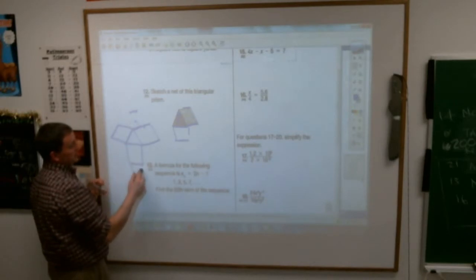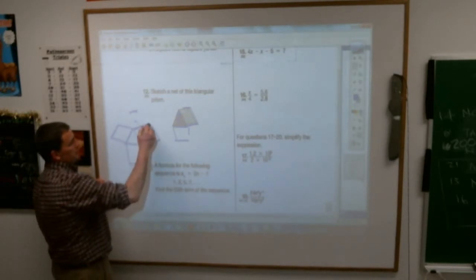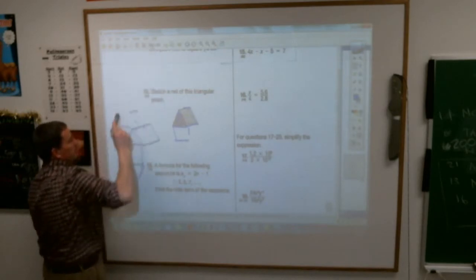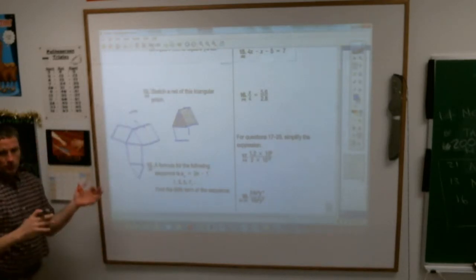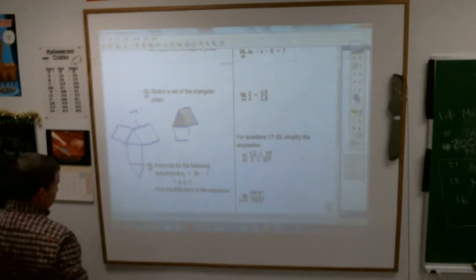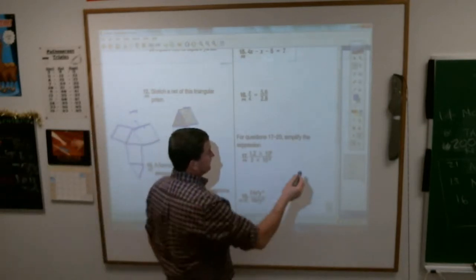You could connect it here and it looks like this, connect it here and it looks like this, but you can only do it once, so take your pick. But if you fold it on all those lines, you're going to get that triangle prism.